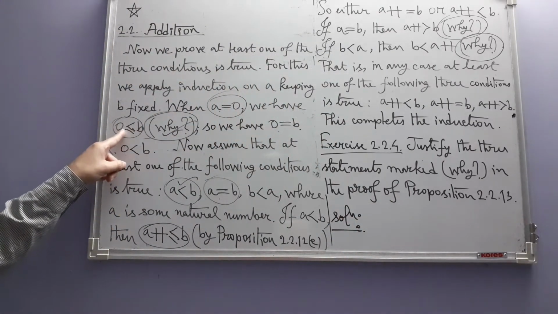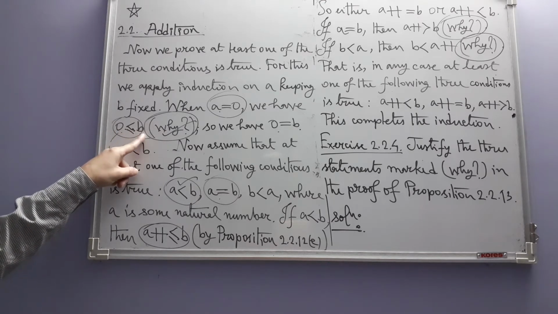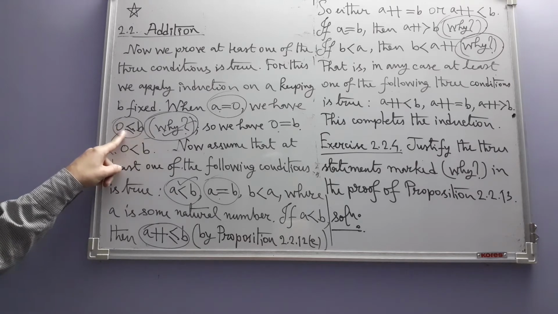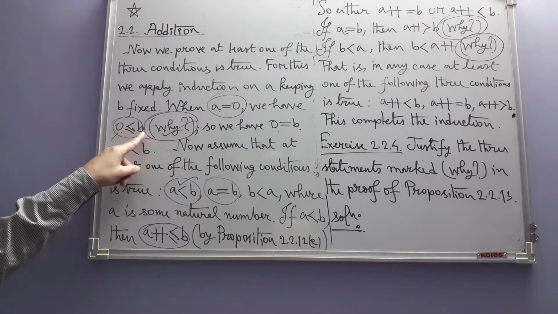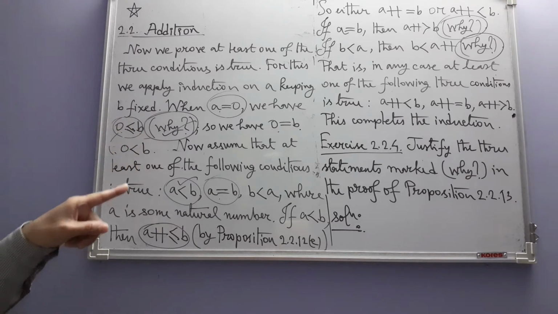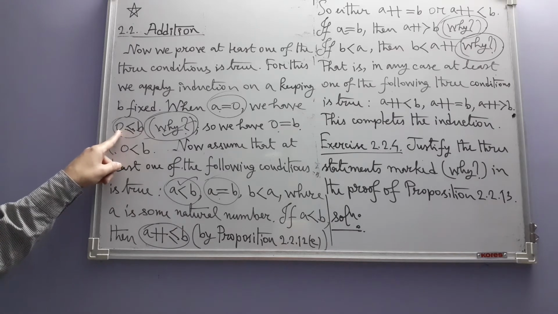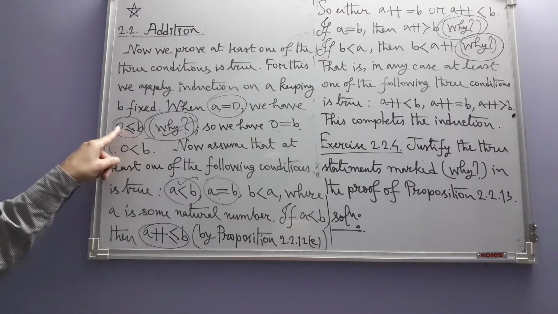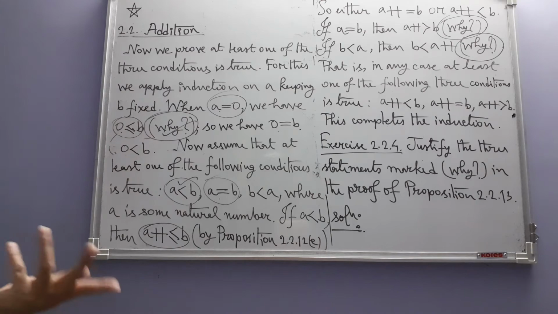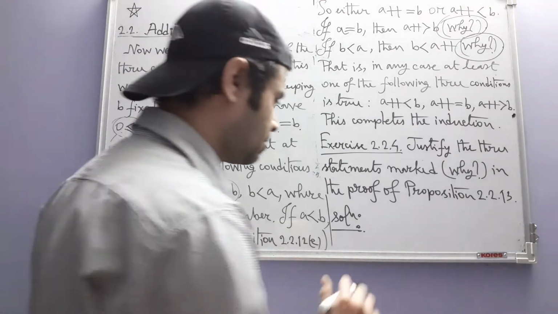Why do we have this? Okay, you see, b has to be shown to be greater than or equal to 0. That means we have to find a natural number which when I add to 0 I get b, and clearly that is b itself.